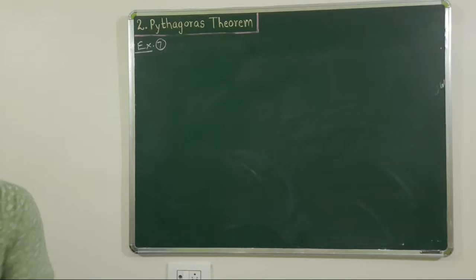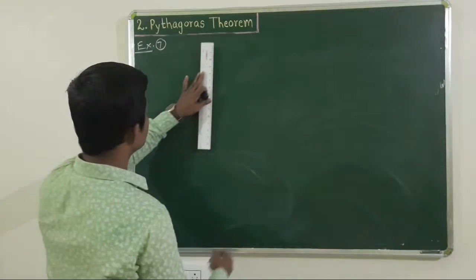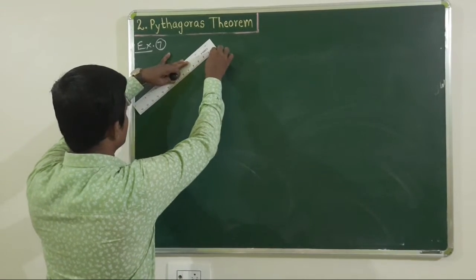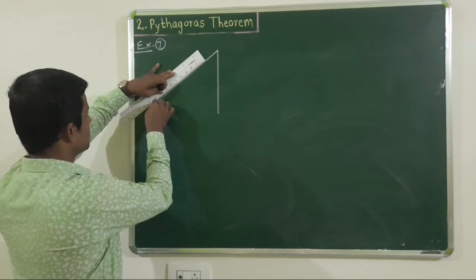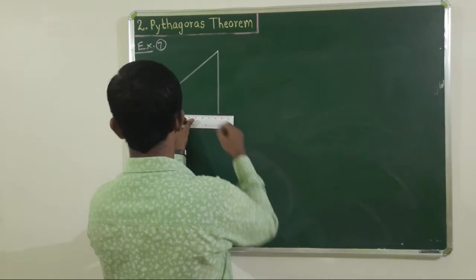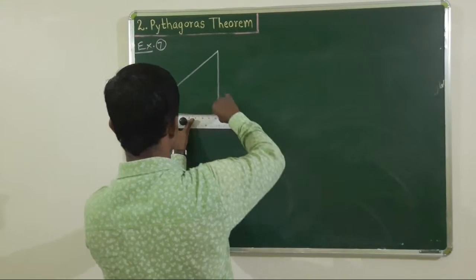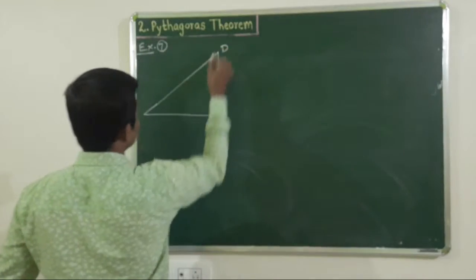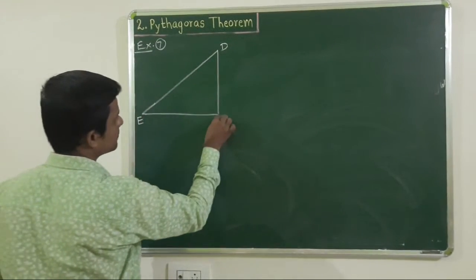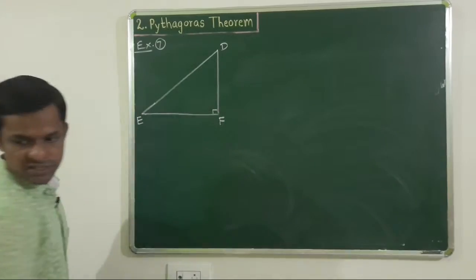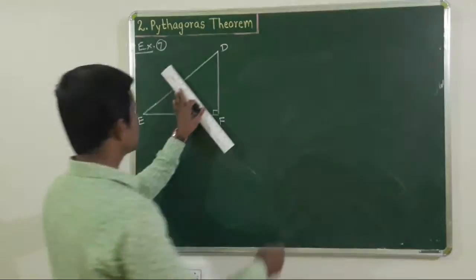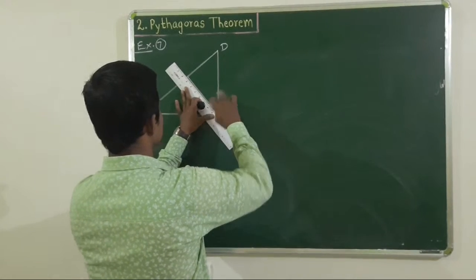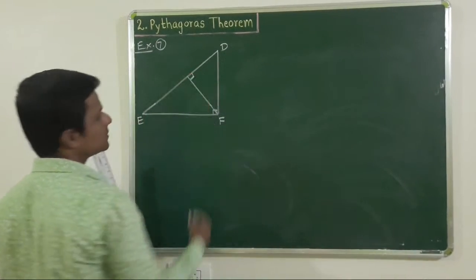There is one triangle given, that is triangle DEF, in which angle F is 90 degree and a perpendicular is drawn from F on the hypotenuse.